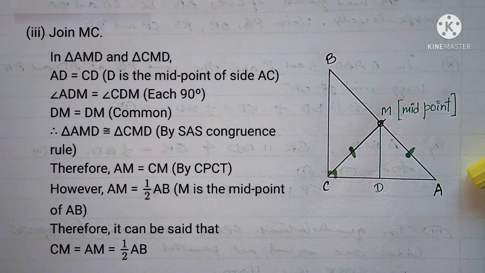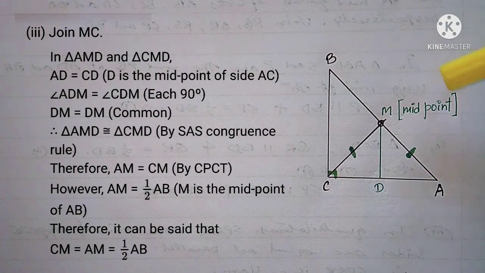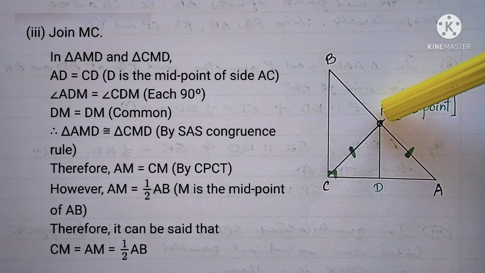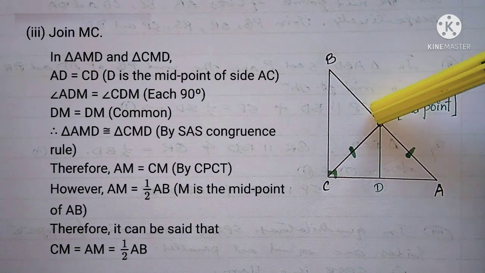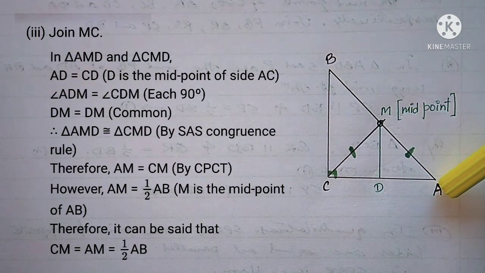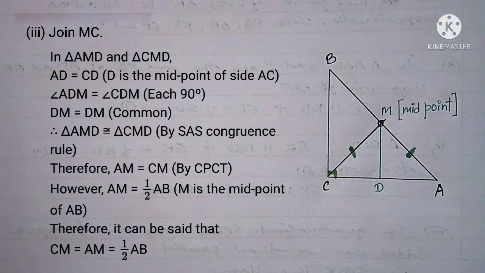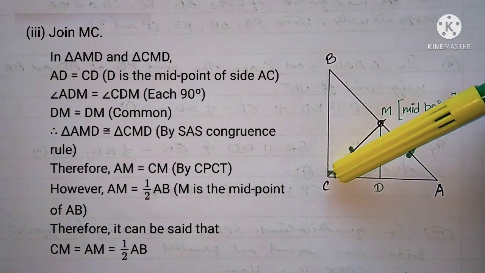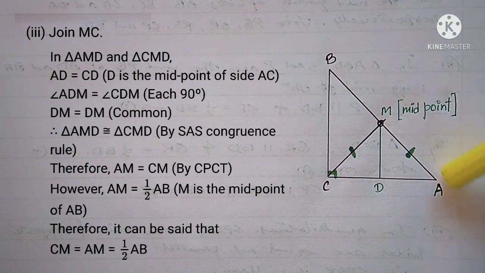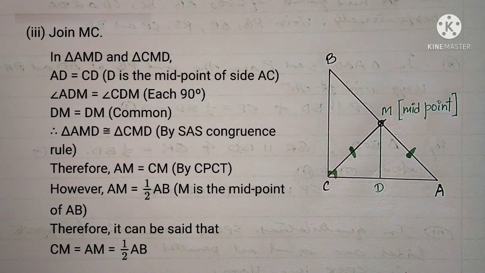Understood or not? I repeat: M is the midpoint, so the length of AM is equal to half of AB, and in place of AM we can write CM, by CPCT already proved. So ultimately we write CM equals half of AB. So our third one is also complete.